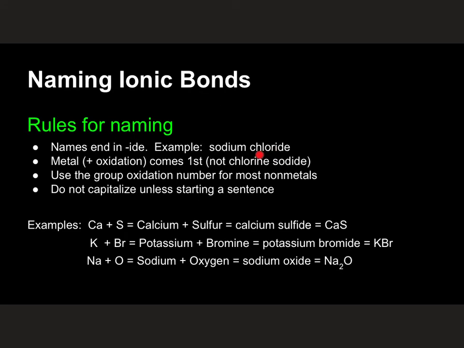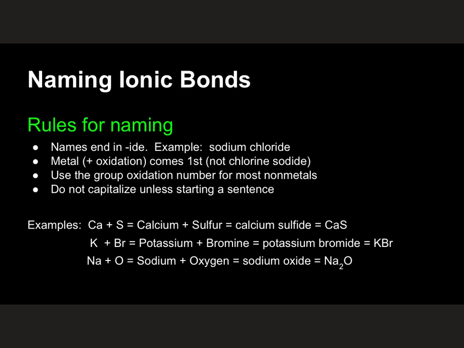So you just change it. So notice it's no longer chlorine, but chloride. Your metal, or your positive oxidation, or your cation, as you need to learn it, is going to come first. You can use the group oxidation number for most nonmetals to figure out if it's positive or negative. Do not capitalize unless you start a sentence.